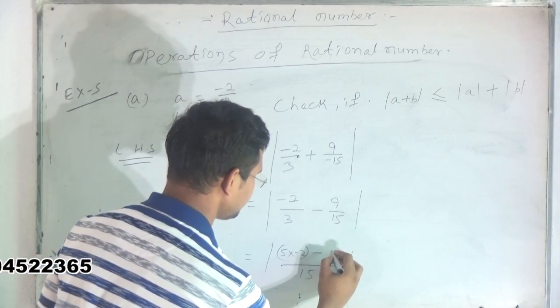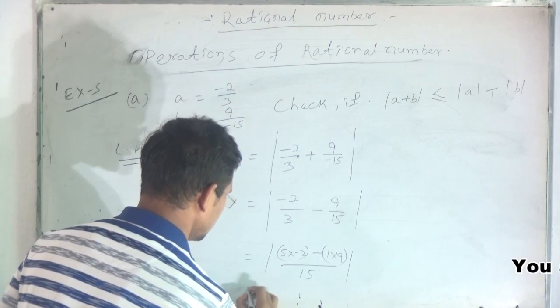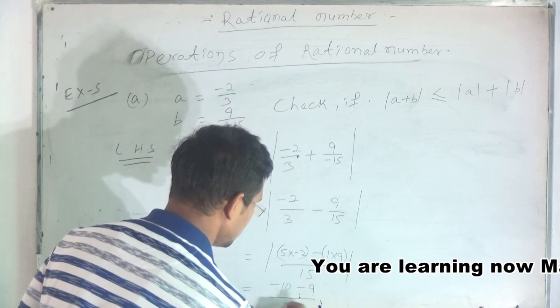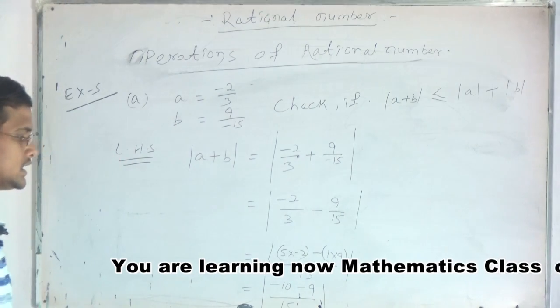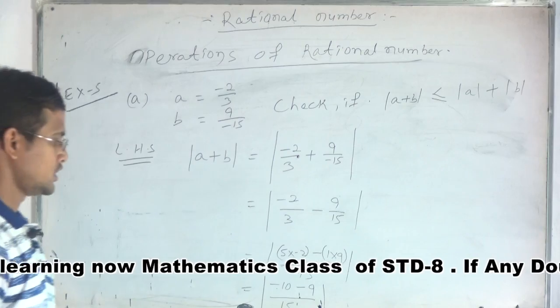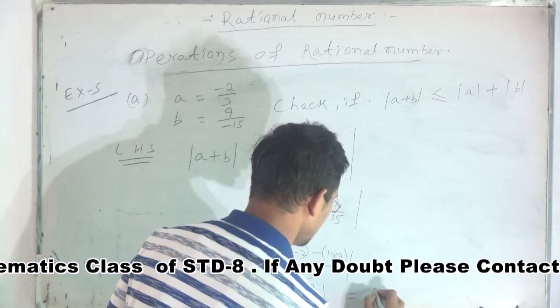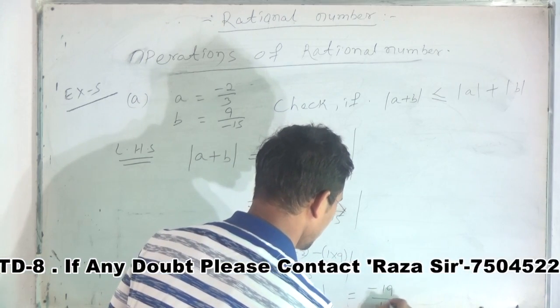Then 1 into 9, minus 10 minus 9 divided by 15, mod of minus 19 divided by 15.